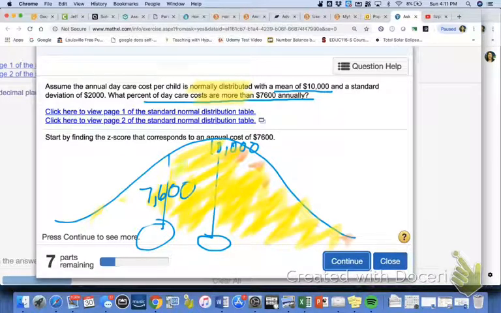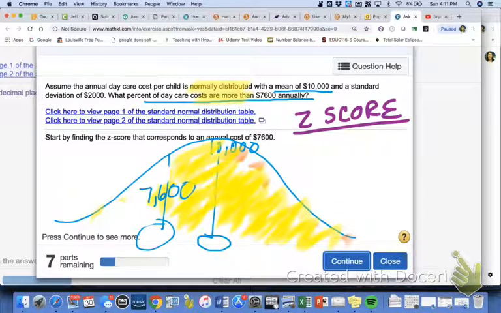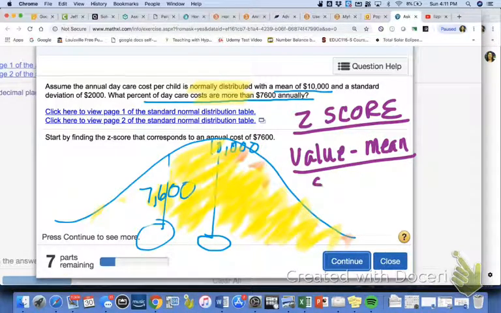So to find the area of the curve that is to the right of 7,600, we first need to turn 7,600 into something called a z-score. And you might remember from your text that to find a z-score, you take the value, you subtract the mean, and then you take that number and divide it by the standard deviation.